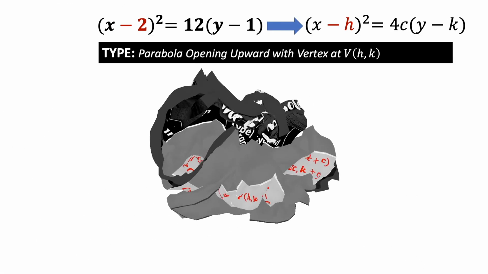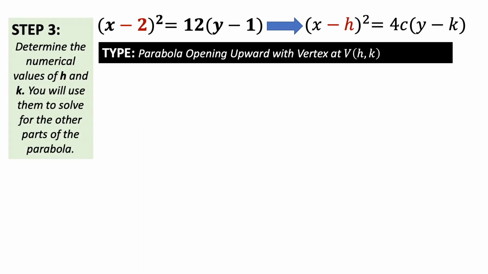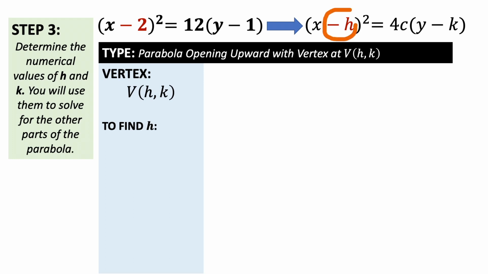Since each formula requires the numerical values of h and k, in step 3, we will locate the coordinates of its vertex. Let's start with h. Looking at the standard equation, we know that negative h corresponds to negative 2.